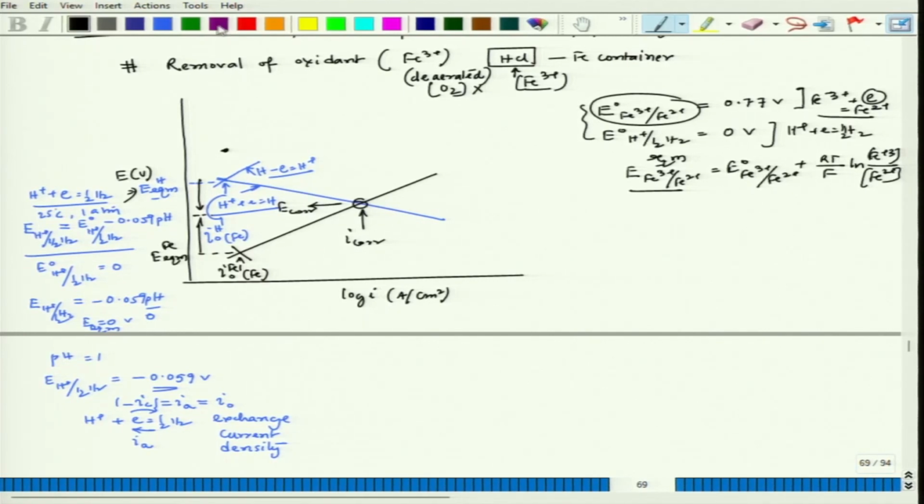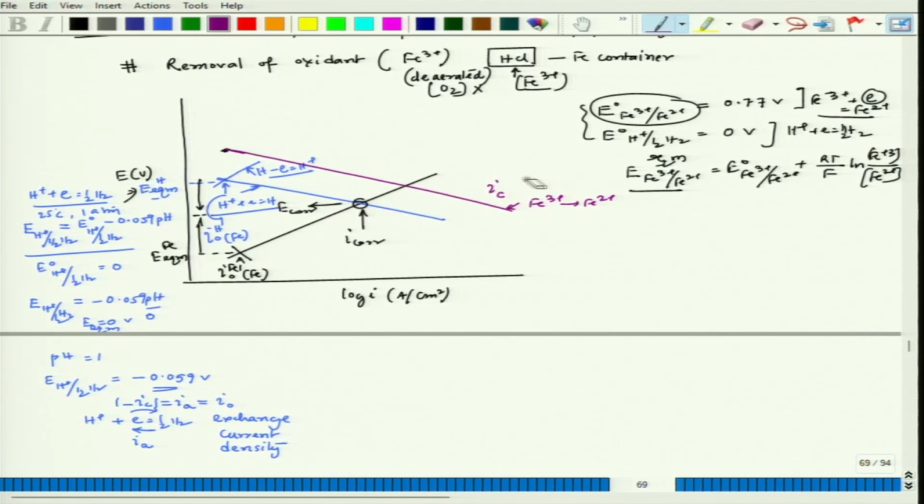Now, it will have its own polarization. Okay. So, when we do that polarization, this is the corresponding polarization for Fe3 plus going to Fe2 plus, and the current density corresponding to Fe3 plus/Fe2 plus.